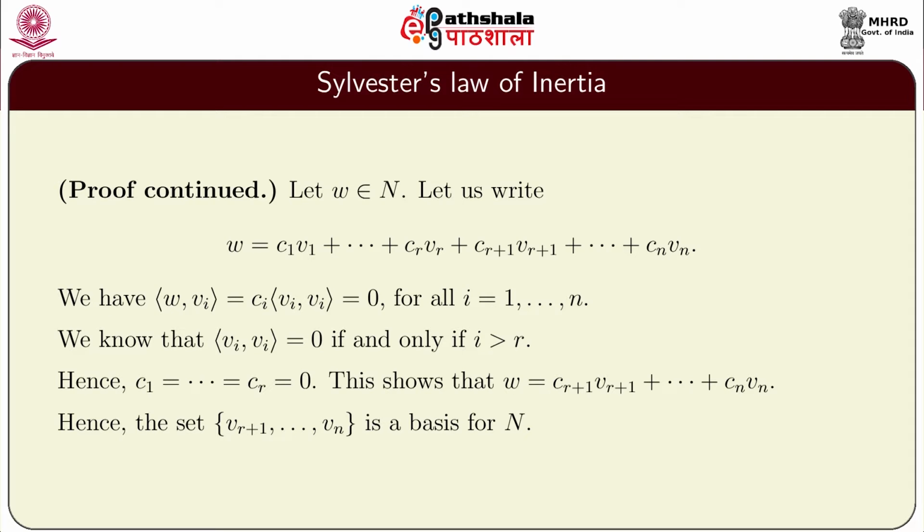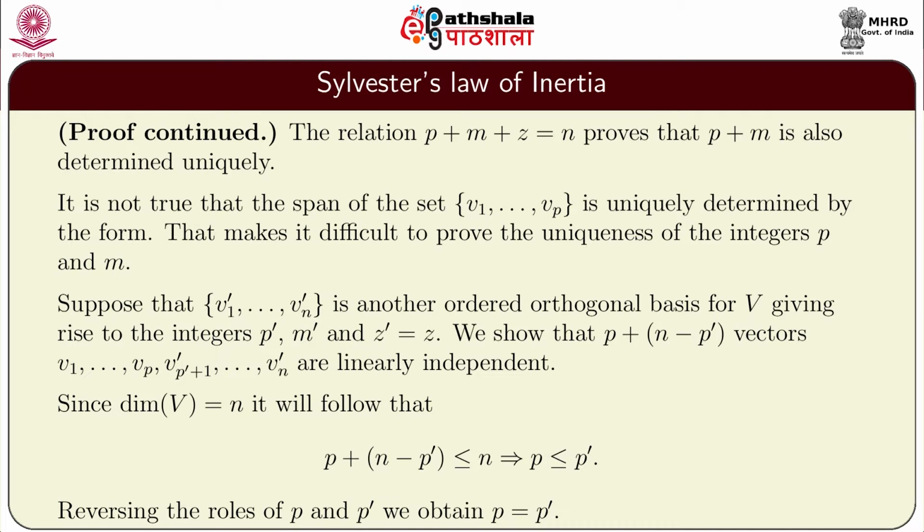Hence, the set Vr+1 and so on up to Vn is a spanning set for the null space N, and it is also linearly independent and therefore a basis for the null space N. Now, we have this relation between these integers that p plus m plus z is equal to n, and just now we have proved that the integer z is independent of the choice of basis. Therefore, the integer p plus m is also independent of the choice of basis, that is, it is determined uniquely.